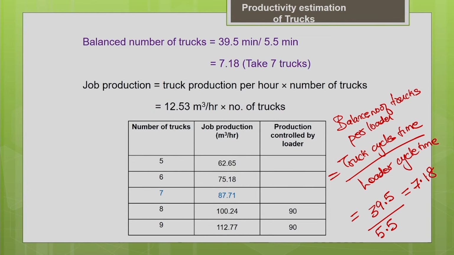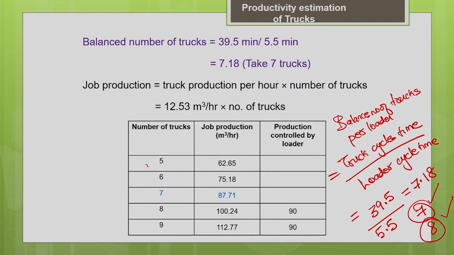Here also I did not get the whole number, so I have to do the rounding. Either I can round it to 7 or I can round it to 8. But the logical thing is you have to work out the economics of both the cases and then take the decision. So I am going to work out the economics when I go for different numbers of trucks, say 5, 6, 7, 8 and 9: how the productivity will vary, and how the unit production cost will vary.